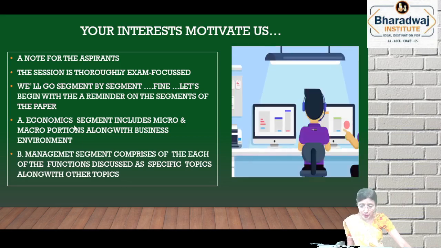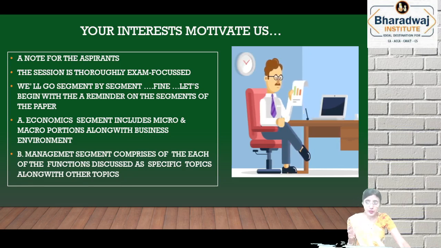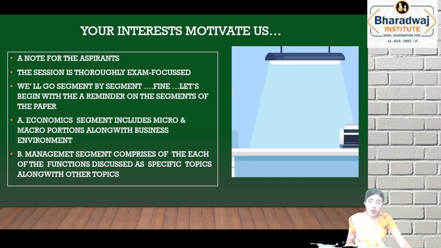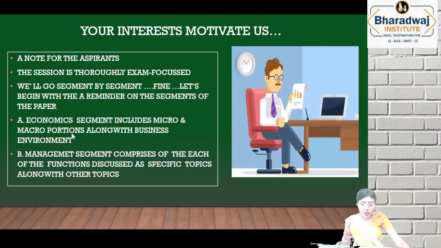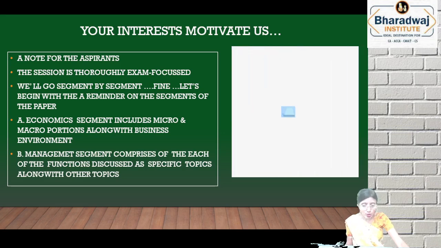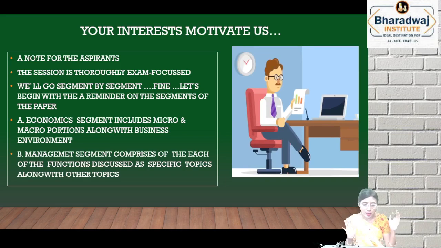Now look at our paper itself. Some of the students are yet having some confusion. Not people who would have attended these academies, but otherwise I find they are not clear with the segment even. So you have economics and management in the same paper, right?